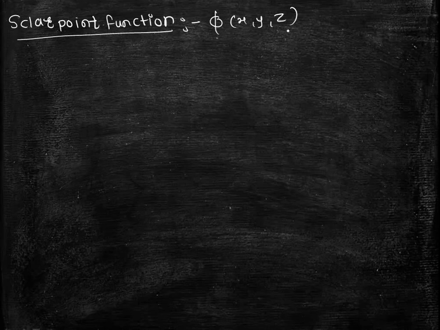I repeat the definition. If the scalar quantity phi depends for its value on its position, say x, y, z in space, then phi is said to be a scalar point function.